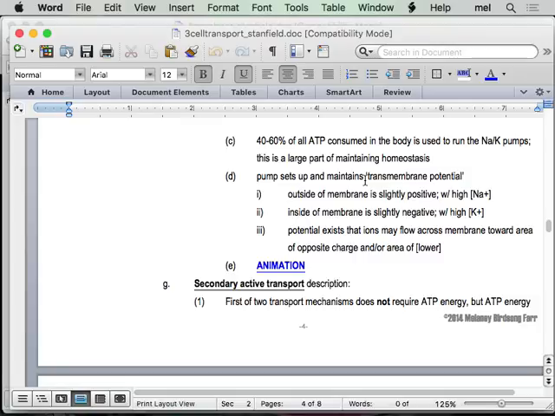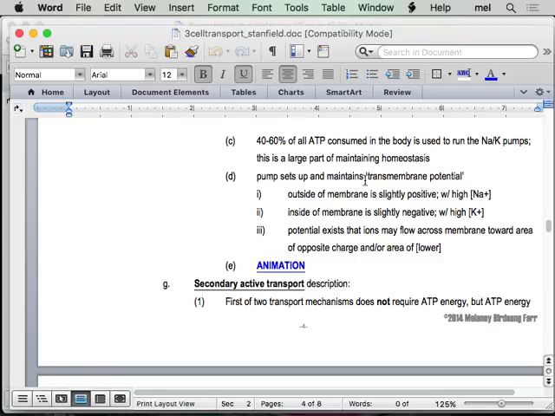So put in the leak channels, let it leak for a second, and then potassium leaks out faster than sodium leaks in, and then tell me what happens to the charges. Outside went from neutral to positively charged, yes. And the inside went from neutral to negatively charged, yes.